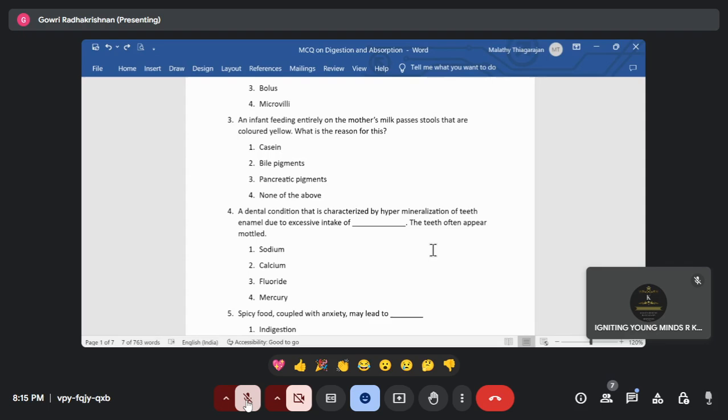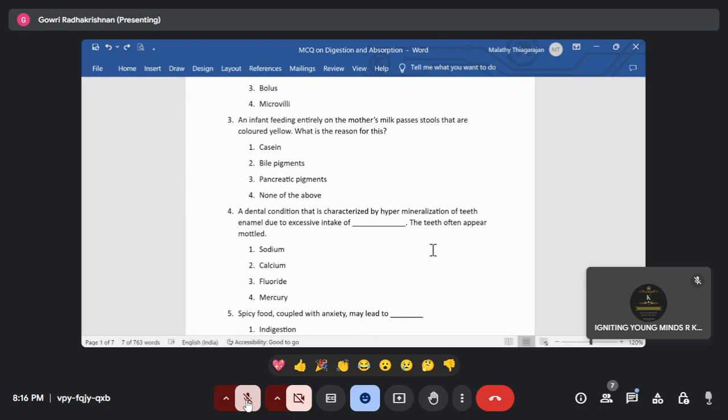Actually, for children, stool is generally yellow or green or a slightly pale color. Infants pass stool after every feed, though with some infants it doesn't happen like that, maybe only a day or two later.